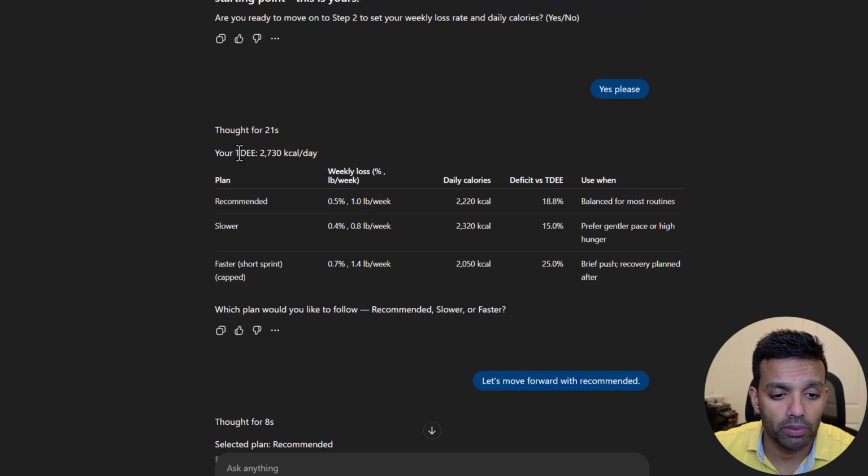So for me, my TDEE is 2,730 calories. So if I were to go with the recommended approach, that means if I wanted to lose a pound a week, I can eat 2,220 calories, which would be an 18 to 19% deficit compared to my TDEE.